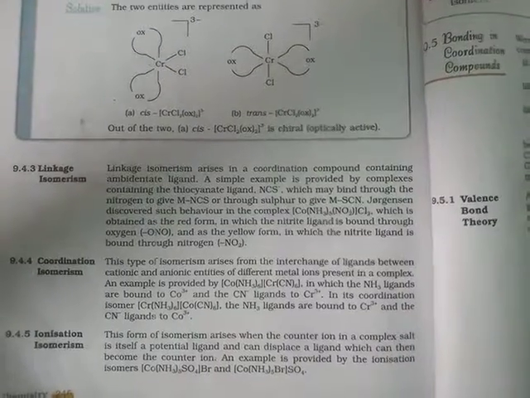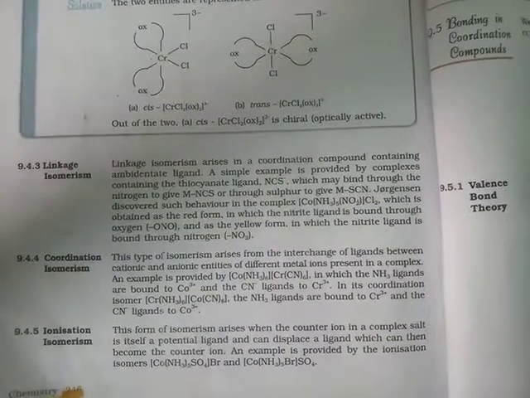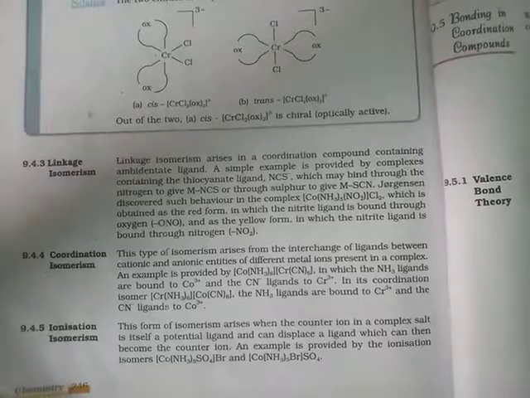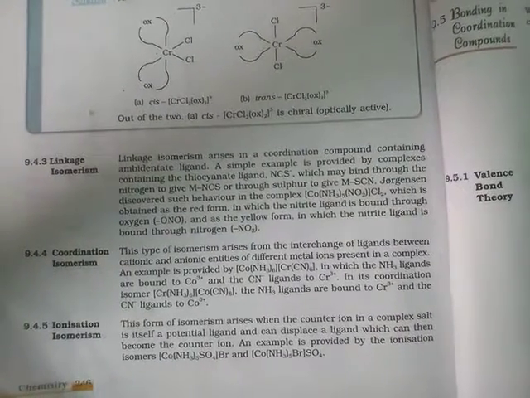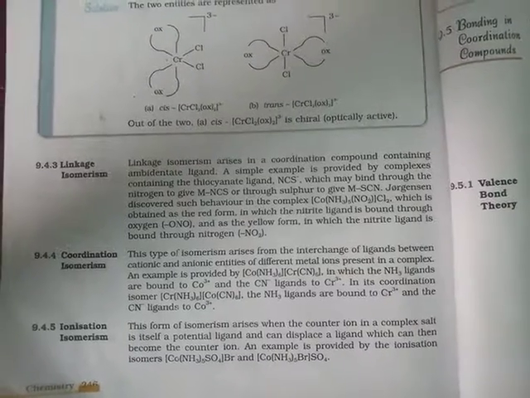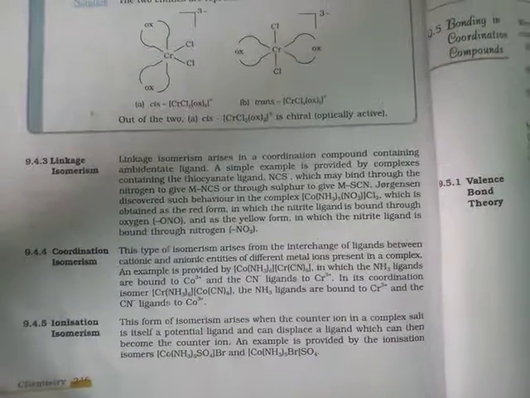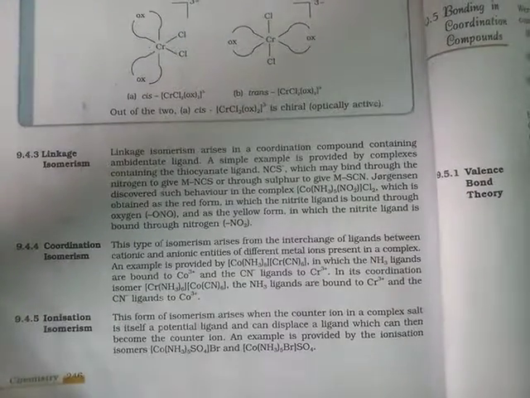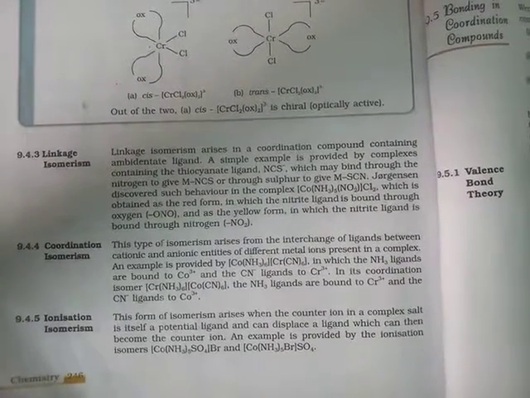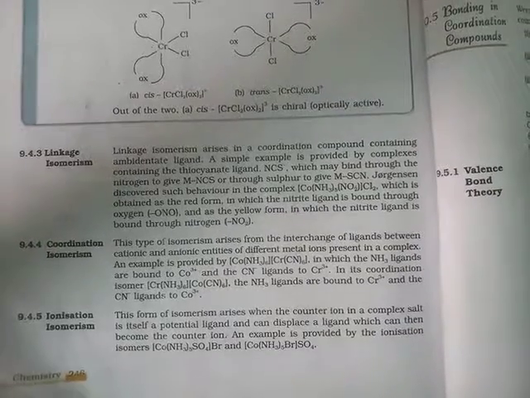Now the next kind of isomerism, as we were informed earlier, the first was stereoisomerism and the second was structural isomerism. Now there are 4 types. What is structural isomerism basically? Structural isomerism is basically the one in which the compounds have different chemical bonds only.